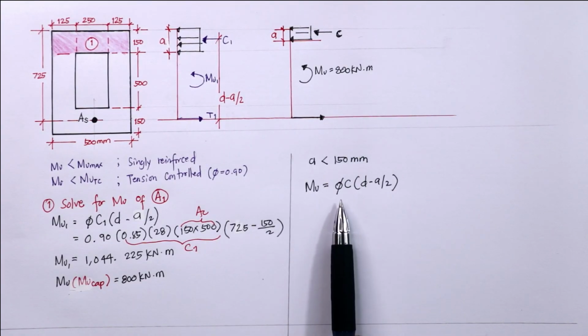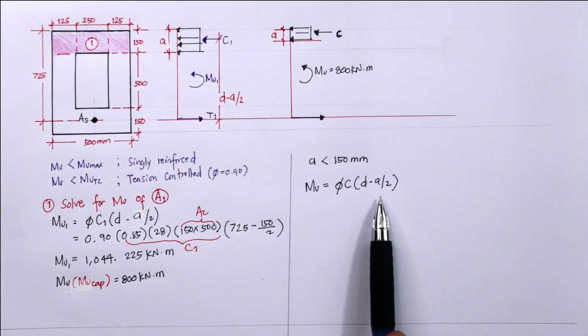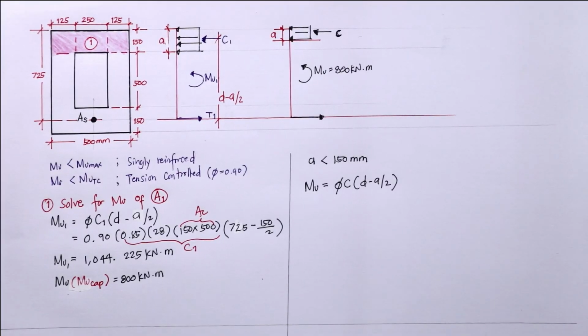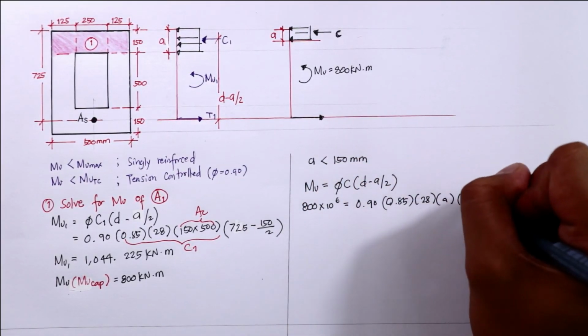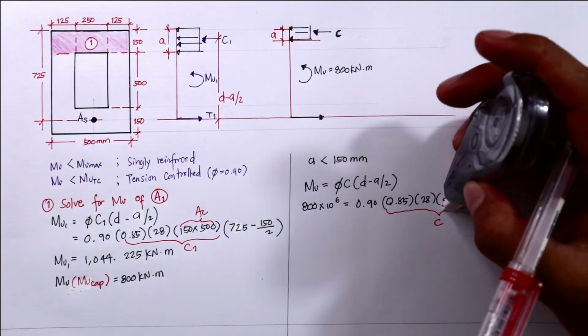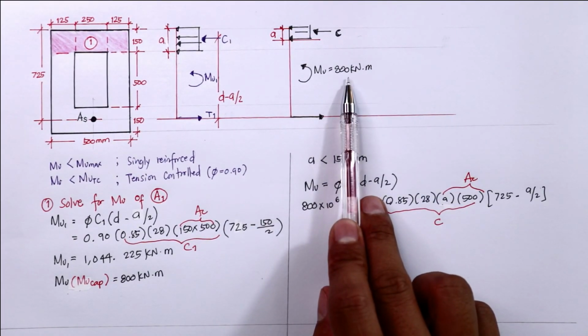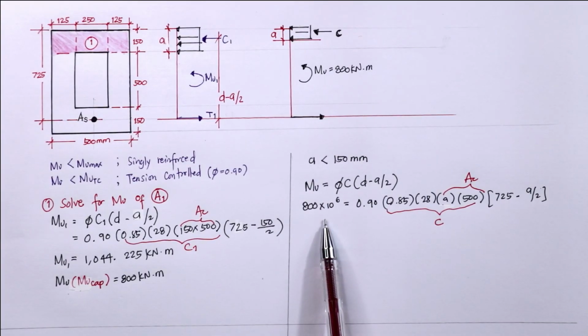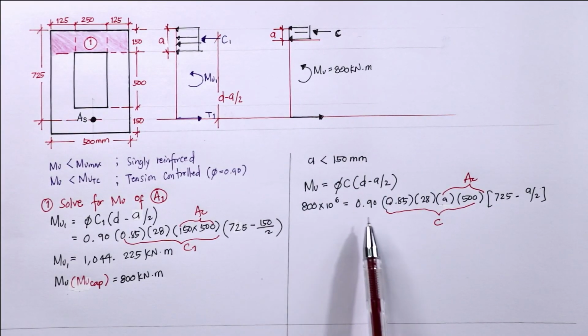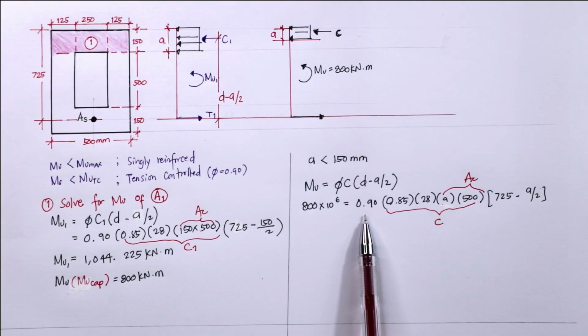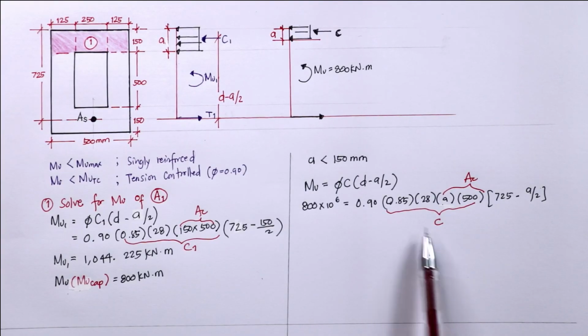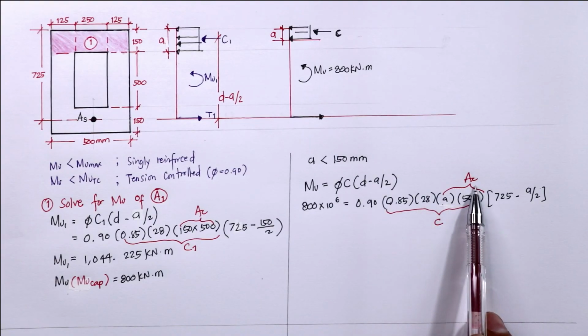MU is equal to reduction factor times C multiplied by D minus A over 2. MU is equal to 800 kN meter. Para maging Newton millimeter, ita-times 10 lang natin to the 6. Reduction factor 0.90 multiplied by C. C is equal to 0.85 F prime C, 28, multiplied by area ng concrete.